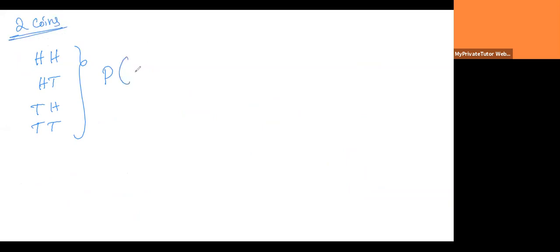So what I said: head, tail, head, or tail. Okay, so 2 coins, right? We said, so the probability of getting at least one head.